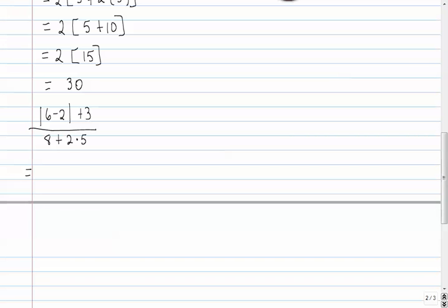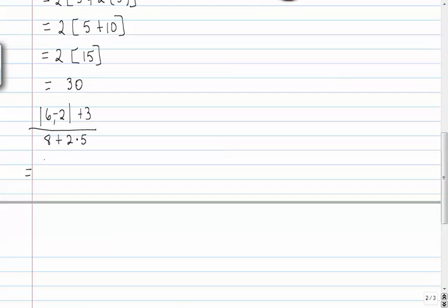Now, if you have a fraction like this, you're just going to do the top and bottom separately, and then at the end we'll simplify if we can. So just work the top like it's one problem, the bottom like it's another problem, and then simplify in the end. Now, in that numerator, we're going to do what's in absolute value symbols first, because those are grouping symbols, just like parentheses. So do that first.